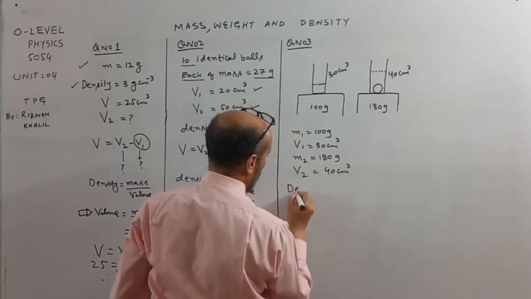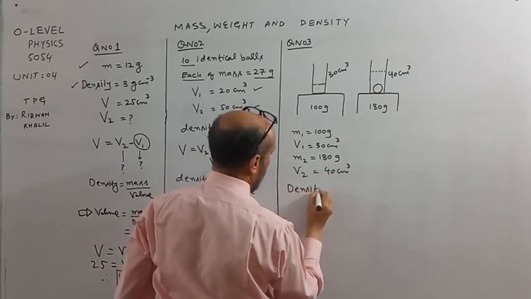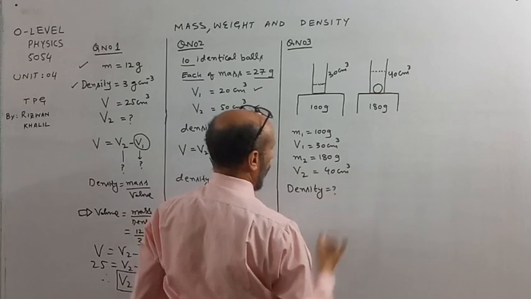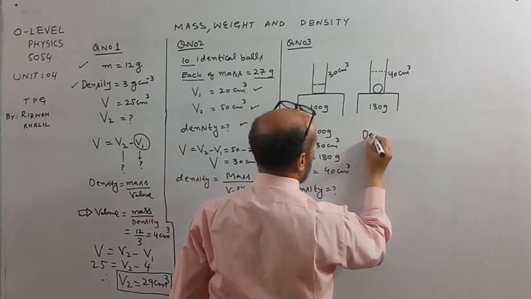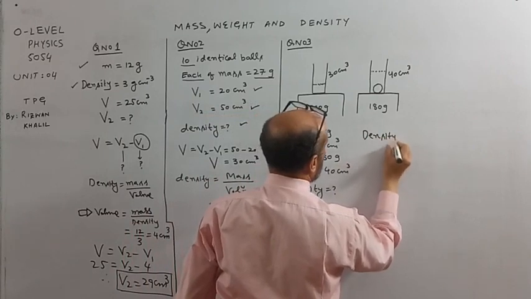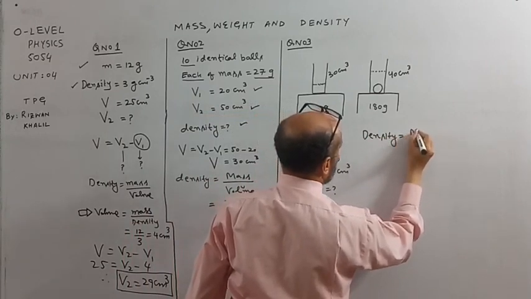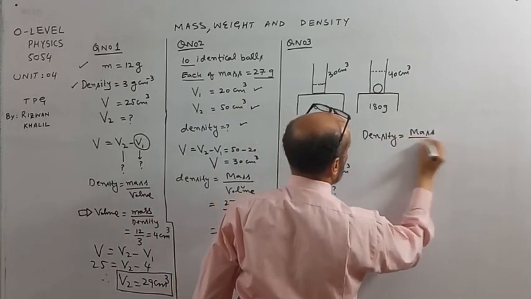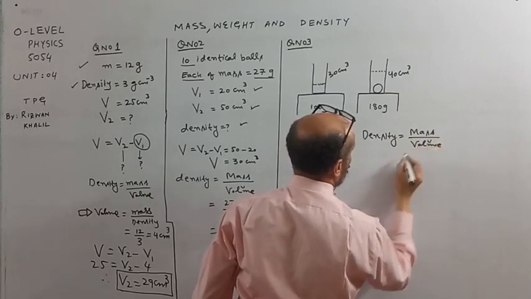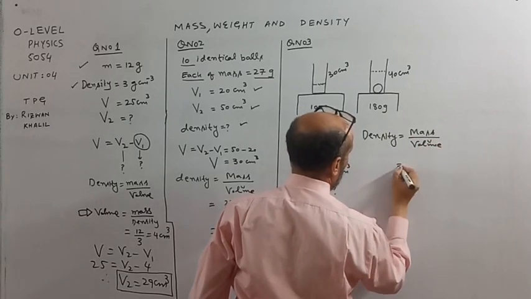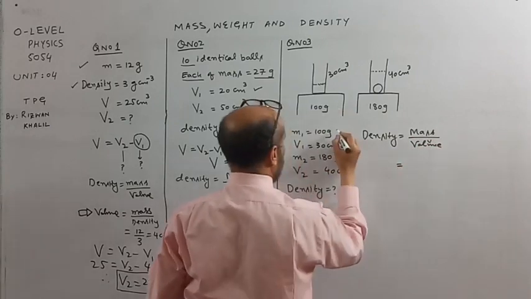The question was that we have to calculate the density of the ball. So what is the formula of density? Density is equal to mass over volume. So we will calculate the mass. Now how can we calculate the mass?